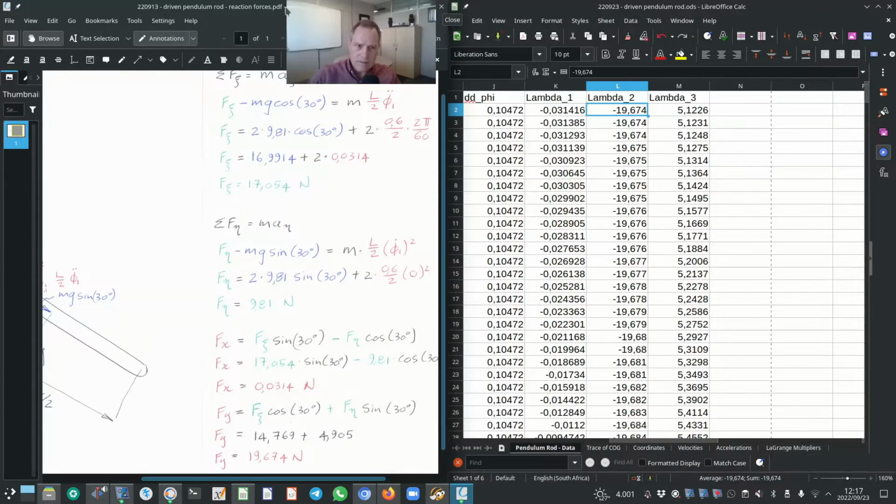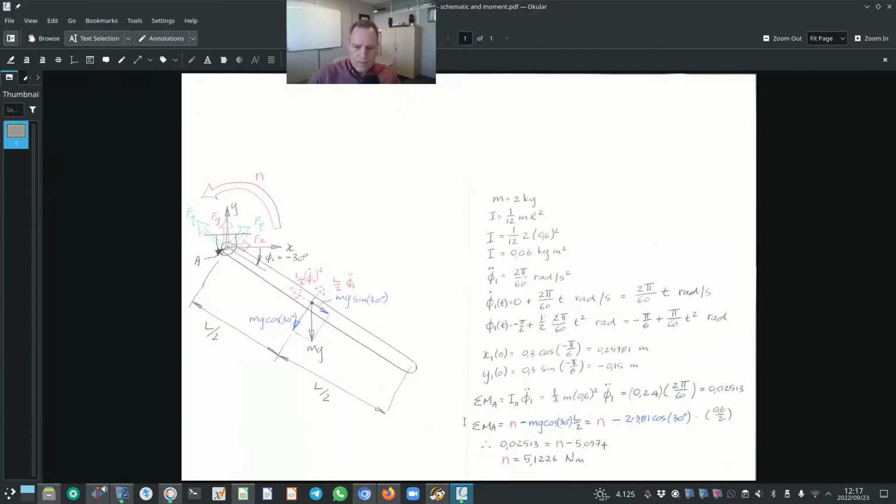Let's quickly have a look at Lagrange multiplier number 3 at time t0, and we see a magnitude of 5,1226. Right, so if we look at our analytical calculation for the moment that we need in order to generate the specified rotational behavior, it is 5,1226.